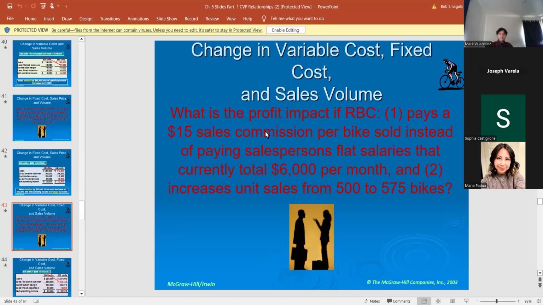Well, that means that our $300 of variable expenses are now $315, and currently paying salaries that currently total $6,000. So if I'm reading this right, we're reducing the fixed cost by $6,000 by going to a commission structure, and we increase sales from 500 to 575. Again, that's a lot to go through.